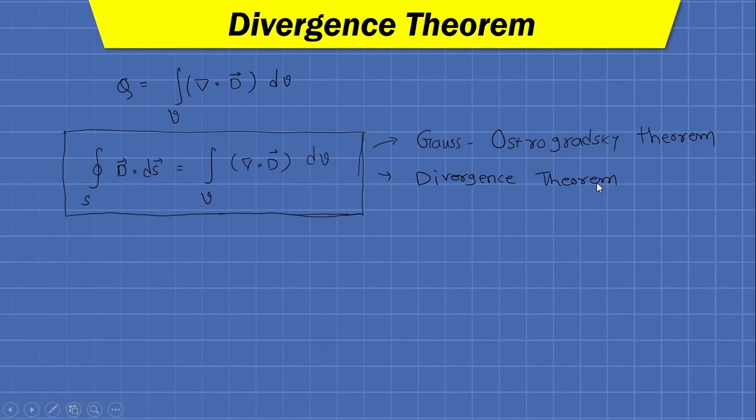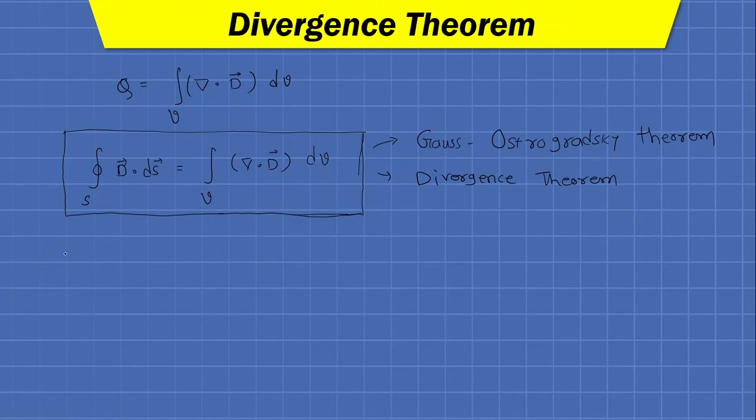Now, what does it mean? The integral of the normal component of any vector field over a closed surface is equal to the integral of the divergence of that vector field throughout the volume enclosed by the closed surface.